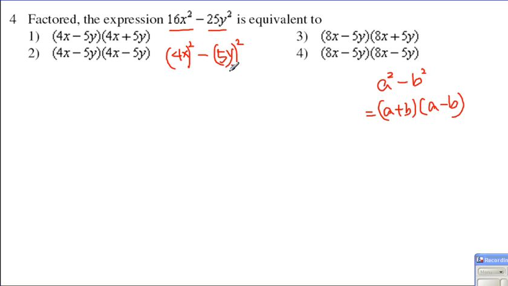We could apply the same logic here, and we will end up getting (4x plus 5y) multiplied by (4x minus 5y).